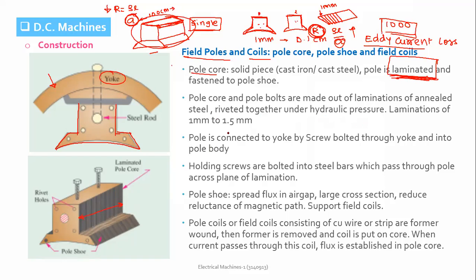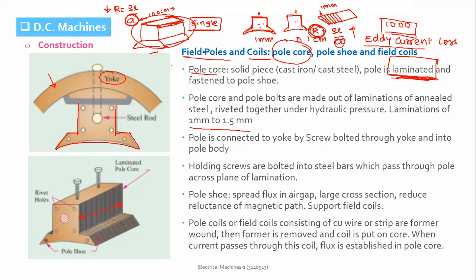So here you can see these are very small. The size of these laminations is generally 1 mm to 1.5 mm. You can imagine, and the number of laminations is as per the design. You can see they are joined together with proper insulation in between them. So this will form the pole core.